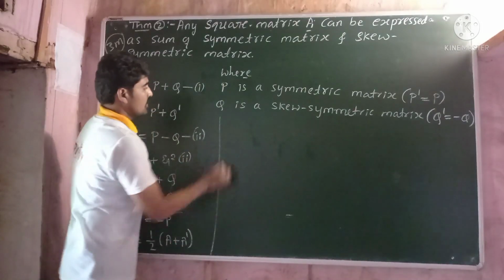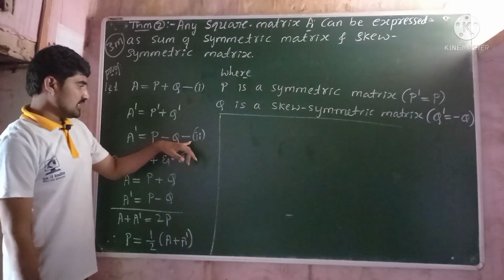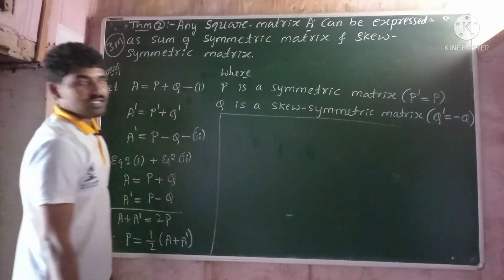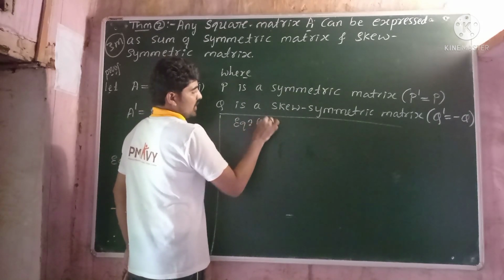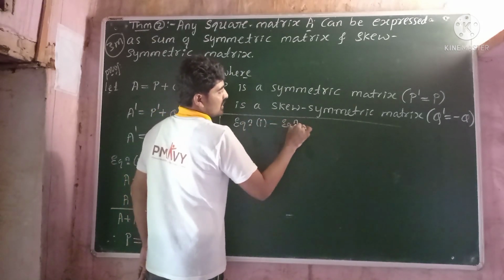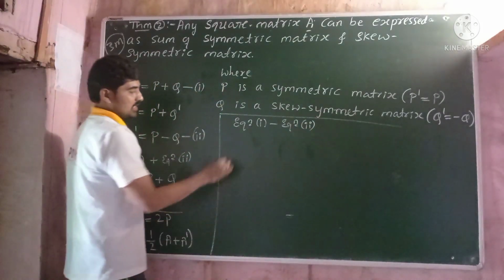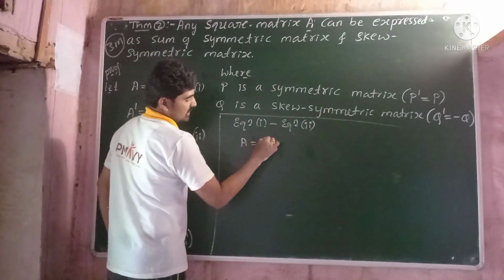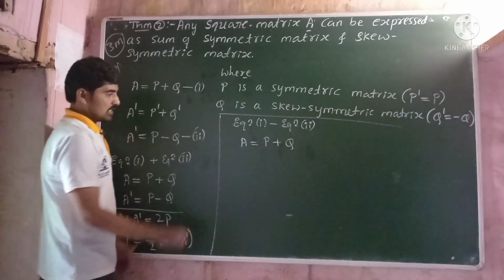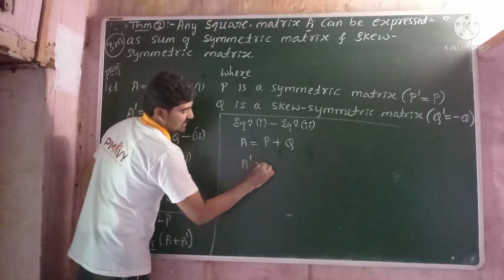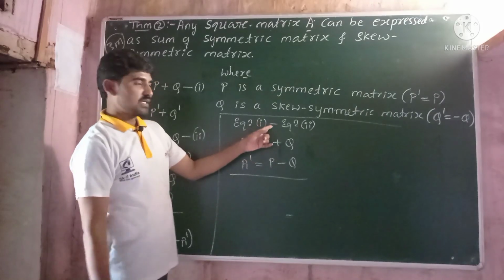And now, for the matrix Q, subtract equation 2 from equation 1. So what is the next step? Equation 1 minus equation 2 implies, equation 1, A is equals to P plus Q, and equation 2, A dash is equals to P minus Q. So we are subtracting here.